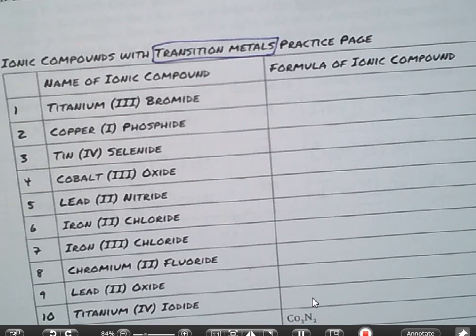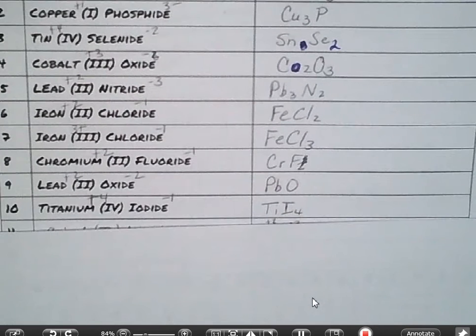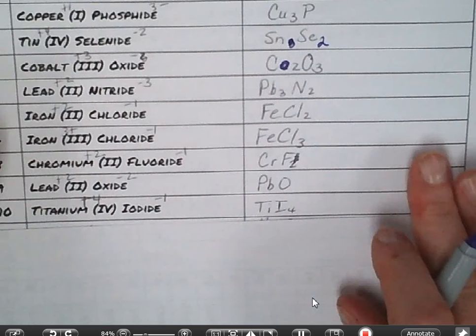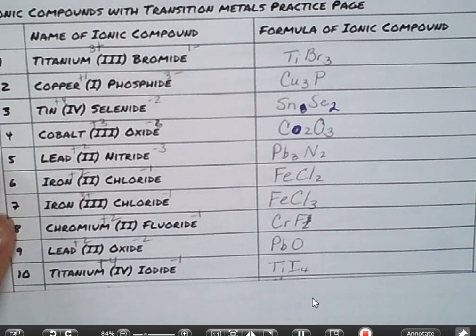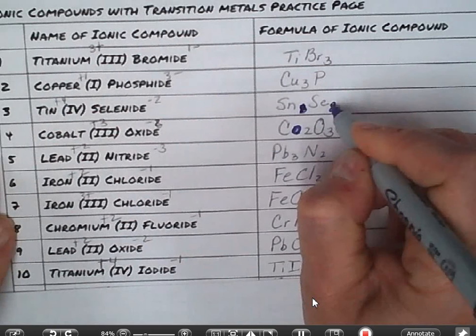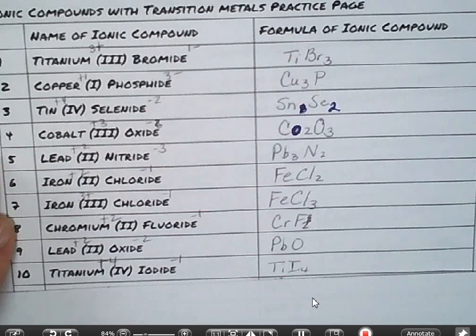I'm going to just put it up here and center it, and then I want you to pause the video to get the answers to check. So there are your formulas. This is a 2 over here, and this is a cobalt, Co2O3, and this is a 2. I don't know if you can see that.